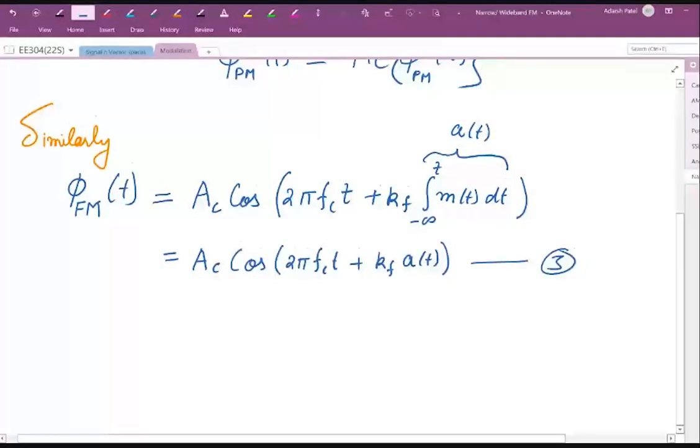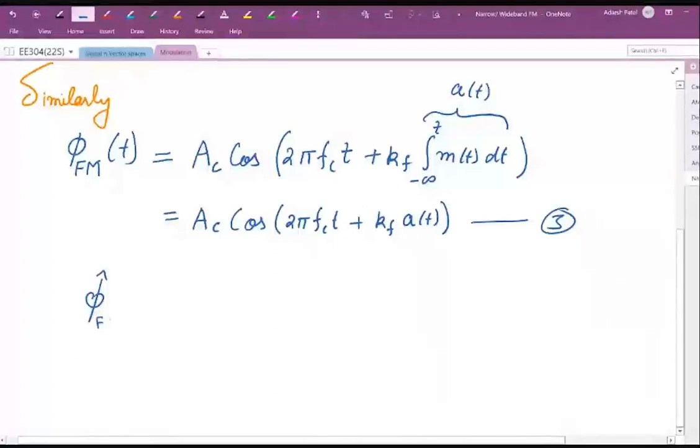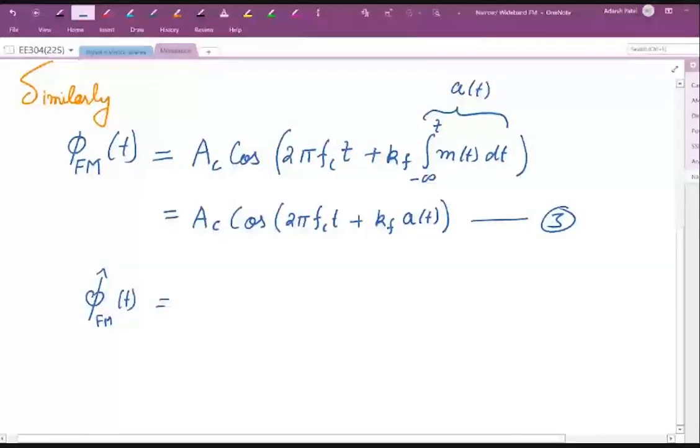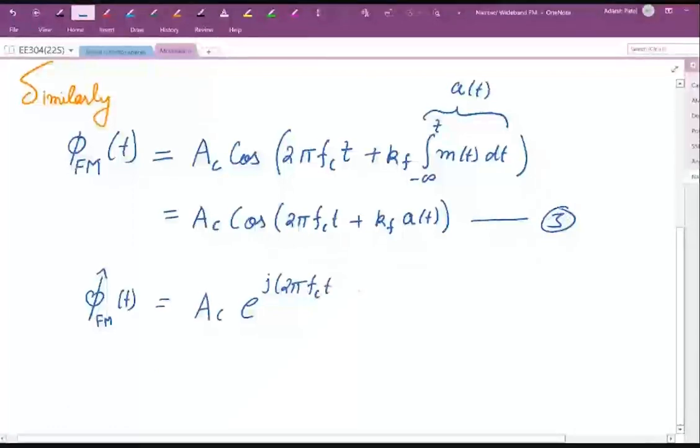Now if I want to write it in the phasor form, I can say phi fm hat of t should be AC times e to the power j (2 pi fct plus kf a(t)).